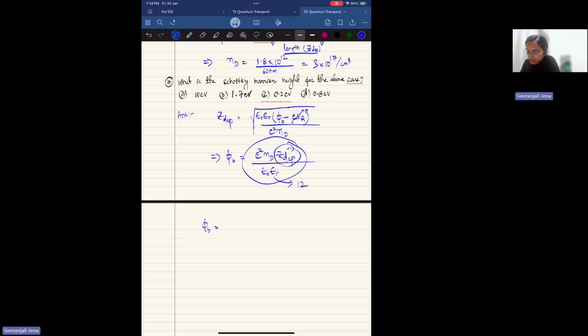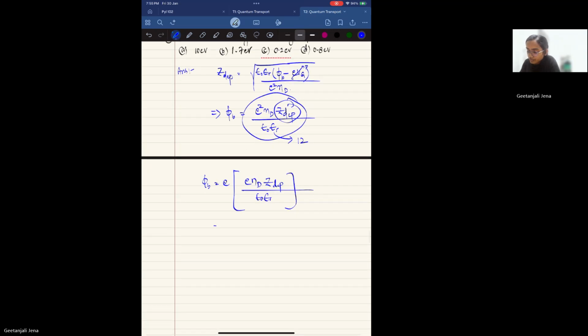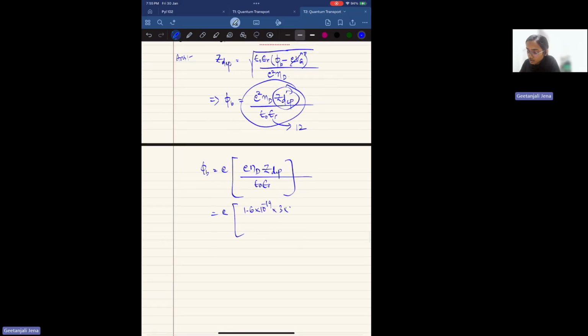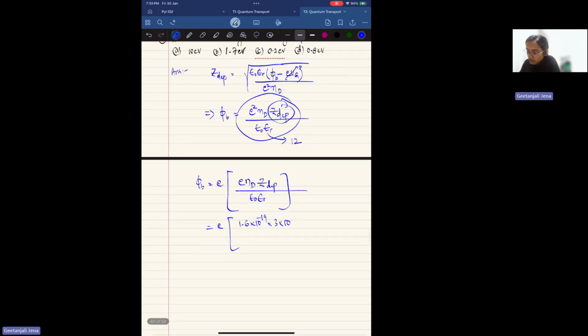So phi B in terms of electron volt is e N_D Z depletion squared over 2 epsilon naught epsilon R. Here e is 1.6 times 10 to the minus 19, the donor density is 3 times 10 to the 17 per centimeter cube, which becomes 10 to the 23 per meter cube, and Z depletion is 60 nanometer, so there will be a square.